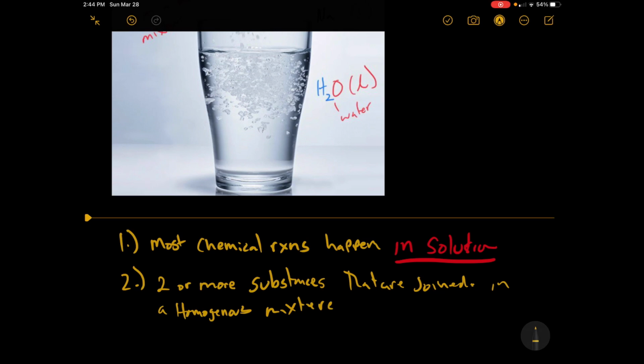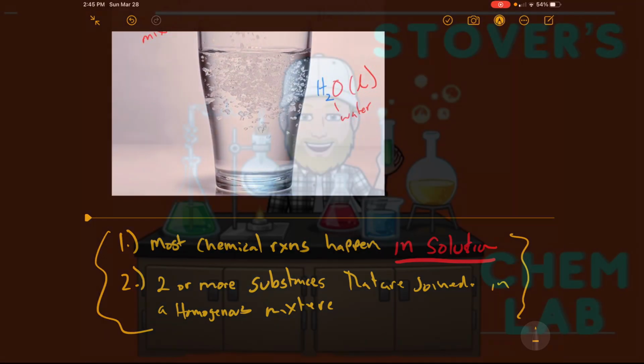This is what a solution is and what it looks like. So this is what you should have learned. In our next video, we're going to talk about what makes up a solution.